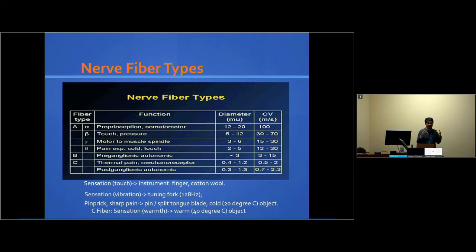I time it every time I do vibration, with every patient I see. When we order them from wherever they order in the hospital, half of them are actually higher than 128 hertz. But that's the ideal frequency for vibration sense testing, and that's looking at the large fibers.